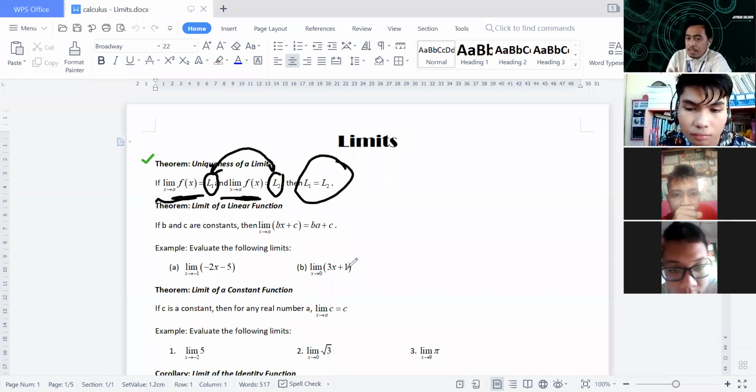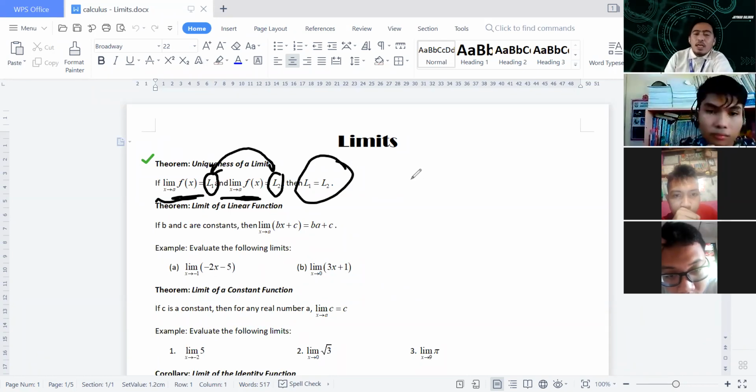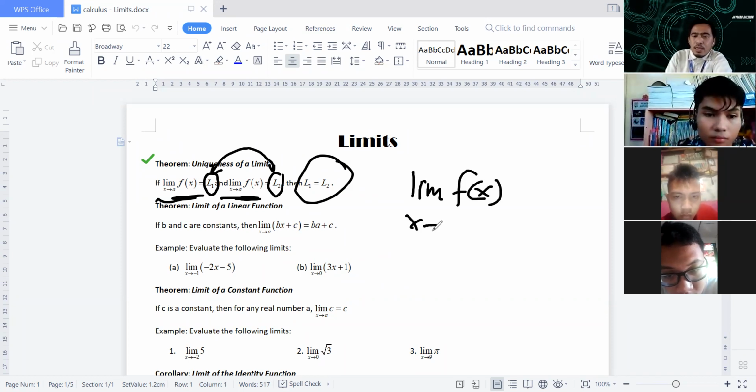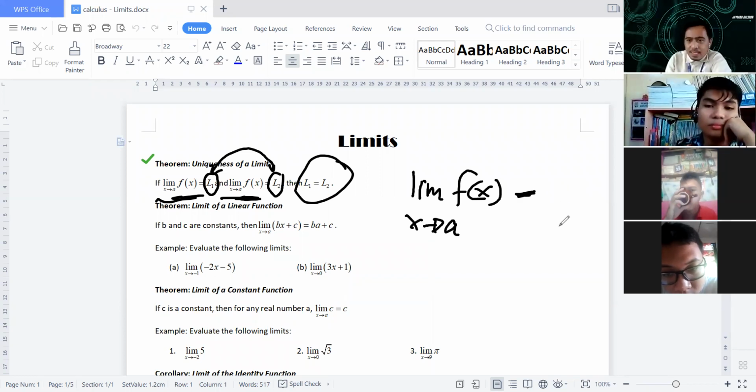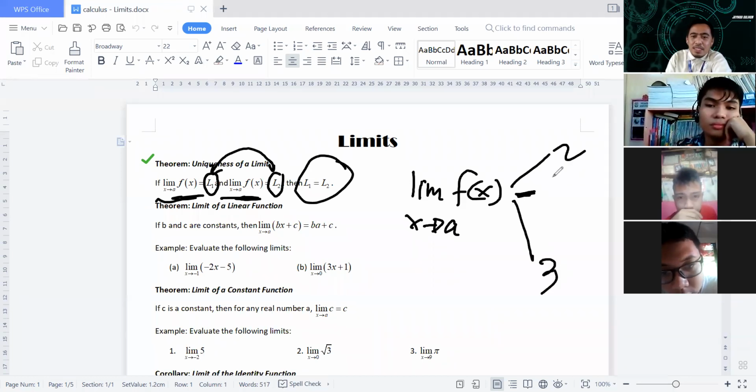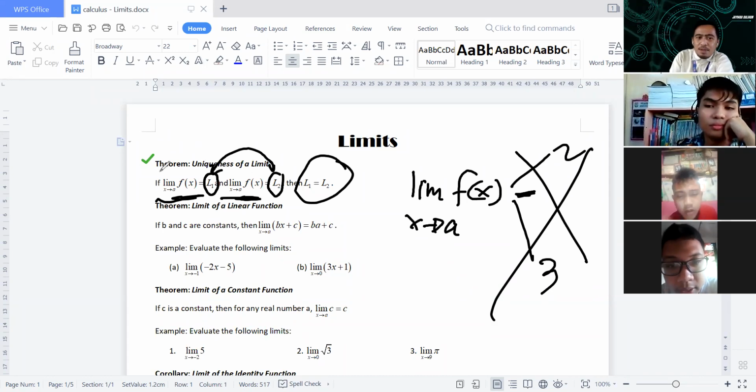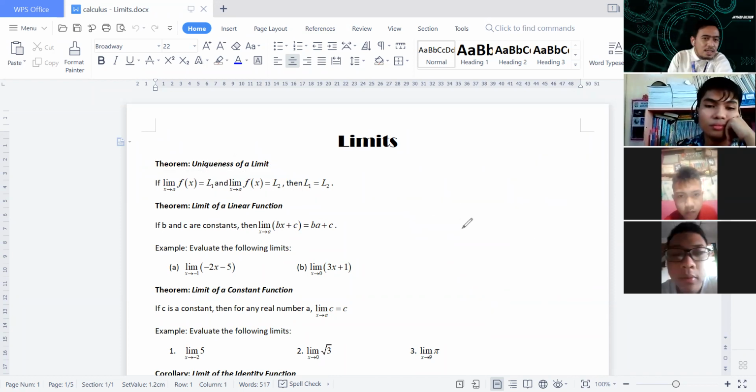So it means unique. If you want to get the limit of a certain function as x approaches a certain fixed point, the answer is only one if it exists. Only one. It cannot be 2 and at the same time 3. That is coming from the theorem of the uniqueness of a limit. Okay, let's proceed to the next one.